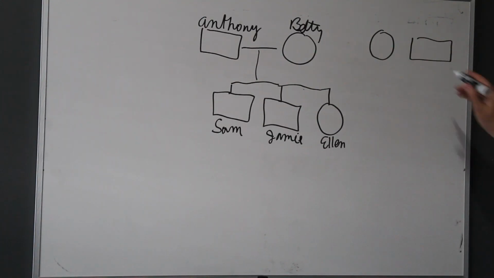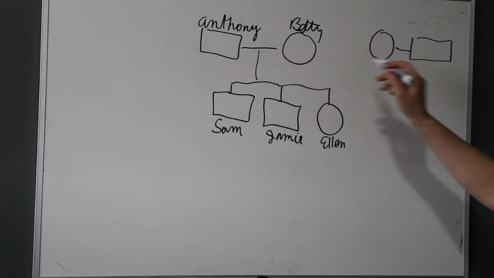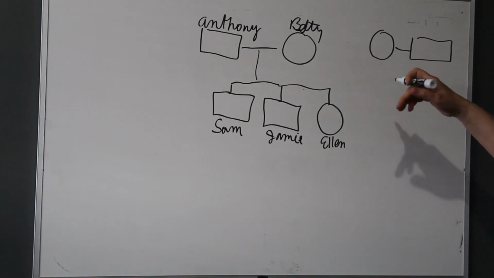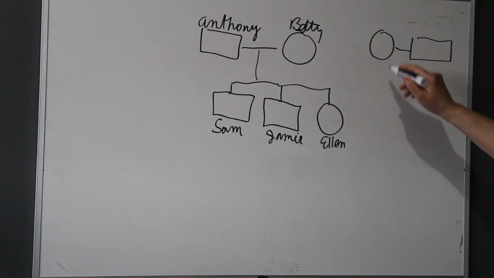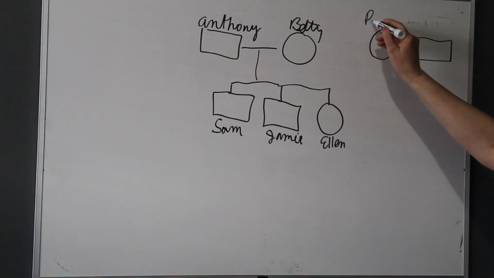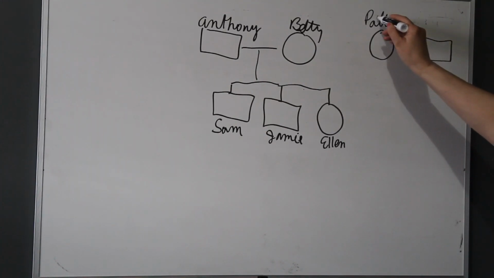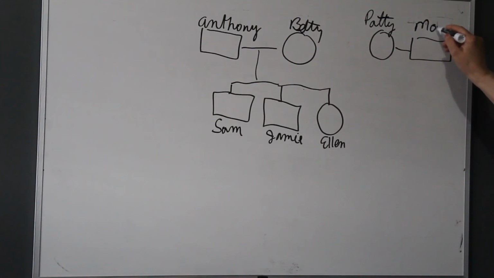Now these people are not related to one another right now, but they're going to be in the same pedigree chart because their children are going to be married and have children together. But as it stands right now, these people are not related in any way. Anyways, I will write her on this circle and Morgan here on this circle.